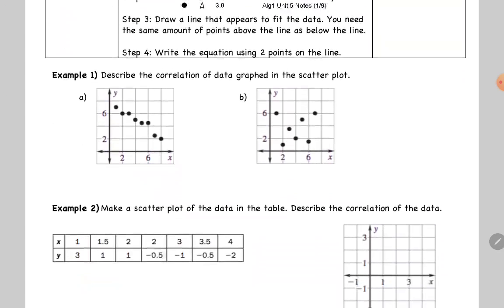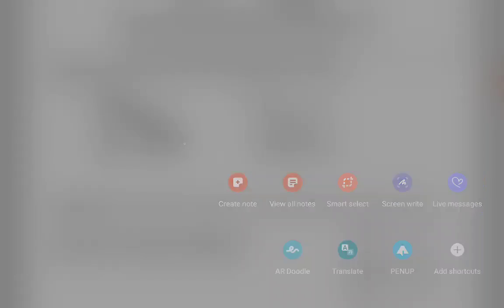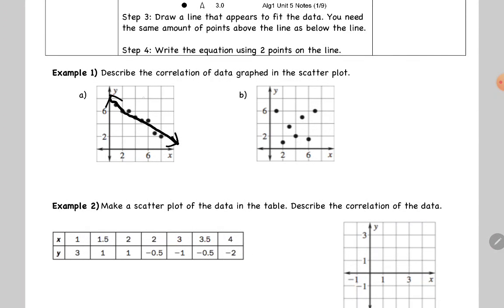We'll go through those 4 steps in an example, but not this first one. Describe the correlation of data graphed in the scatter plot. So the relationship. Here it looks like it's going downward from left to right. So this is a negative correlation.